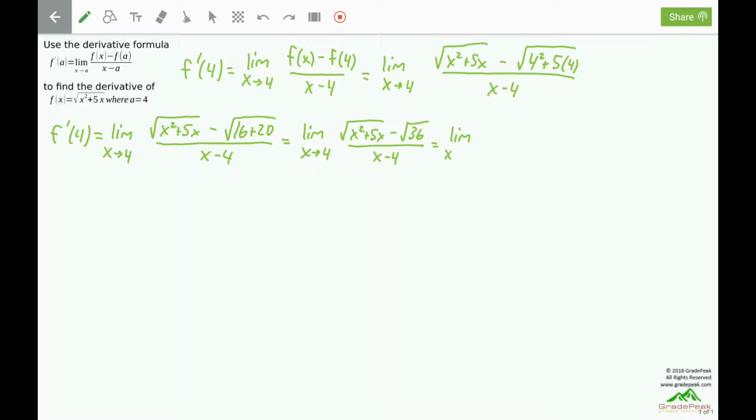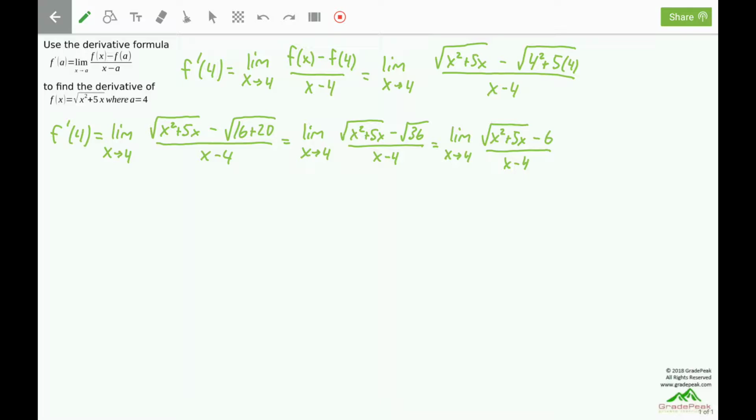So we will have the limit as x goes to 4 of the square root of x squared plus 5x minus the square root of 36 is a 6 over x minus 4. So we still have the 0 over 0 indeterminate form.